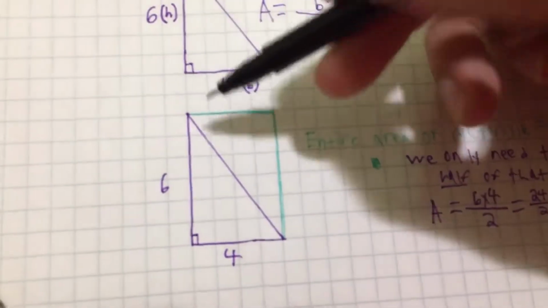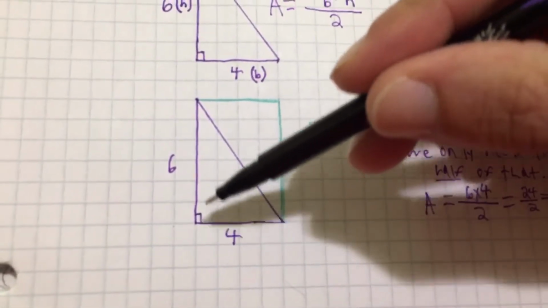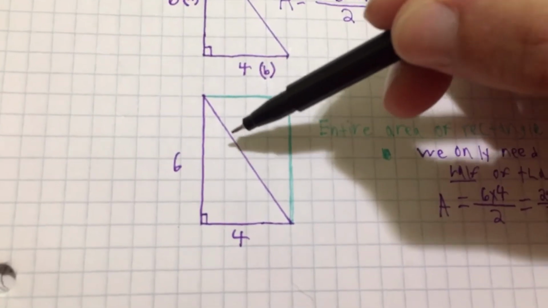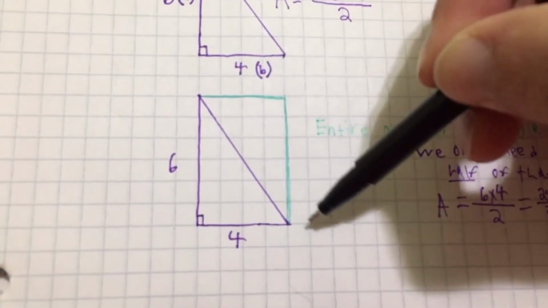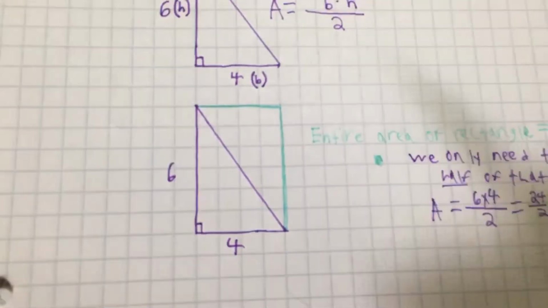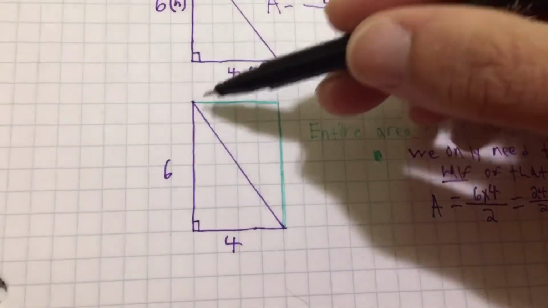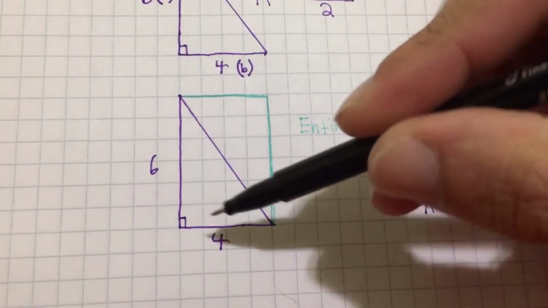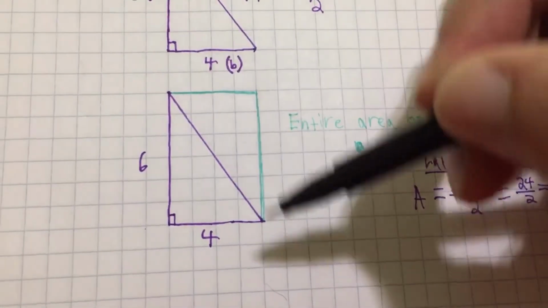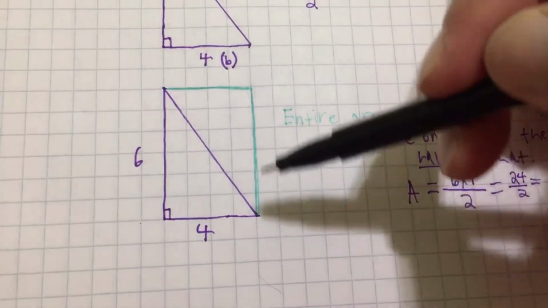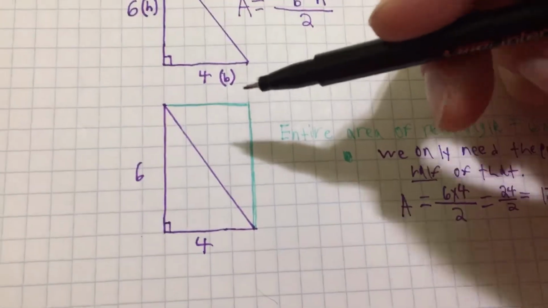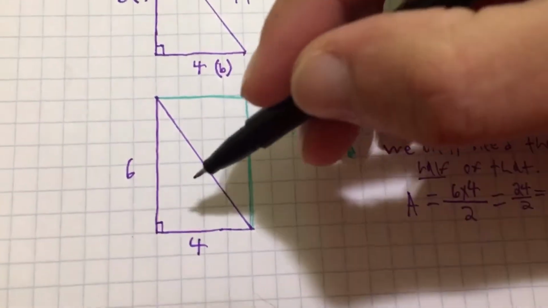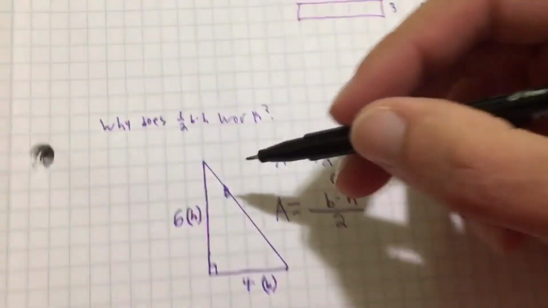All right, now if we were to reflect this triangle perfectly across the hypotenuse, this edge right here, we would get a perfect rectangle. In this case, because it is a right triangle, it fits pretty evenly, pretty perfectly on these units. So now we have what you can see is a rectangle, very similar to this, just a little bit sideways.